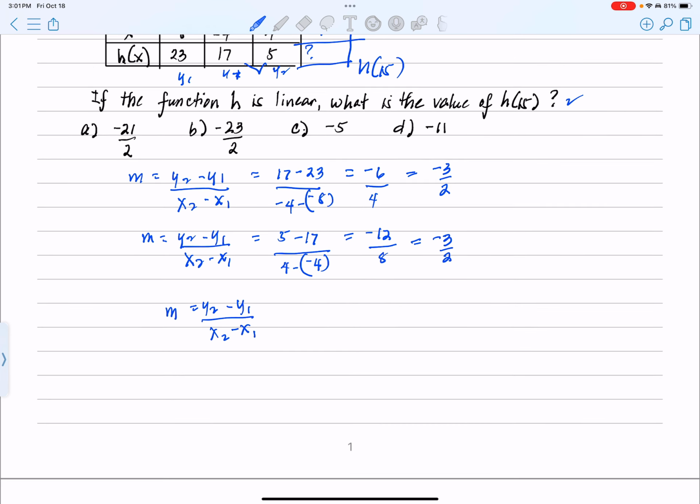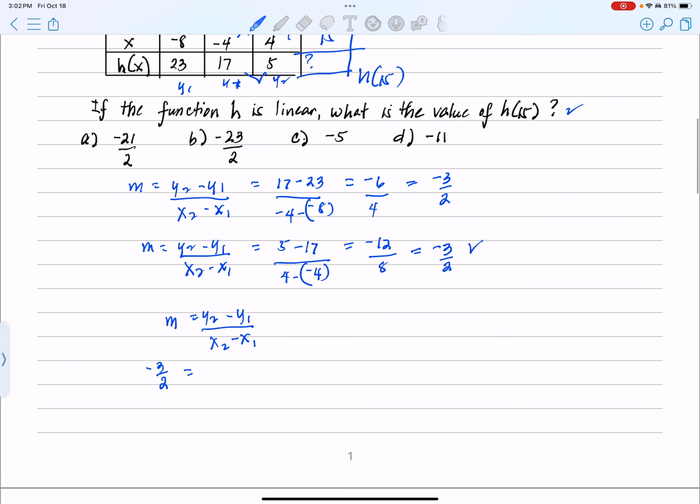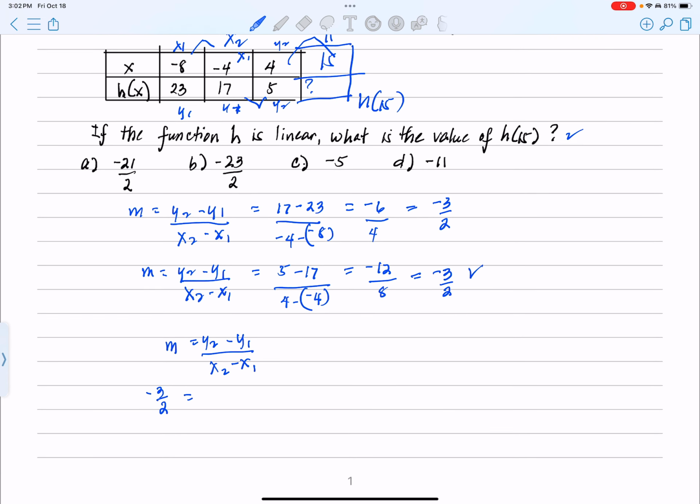We know that our value of slope is negative 3 over 2. So we have to substitute that. So y sub 2, we don't know. That's the one we're looking for, h of 15. Minus y1, which is 5. This minus that. And x sub 2 is 15 minus x sub 1, which is 4.